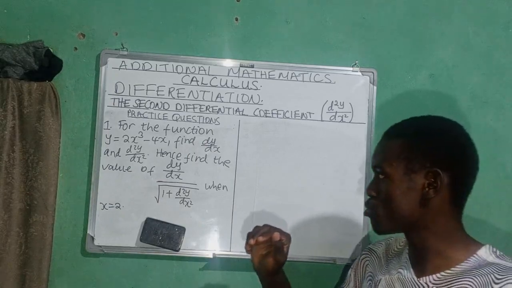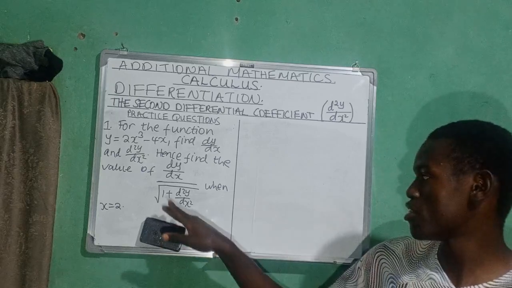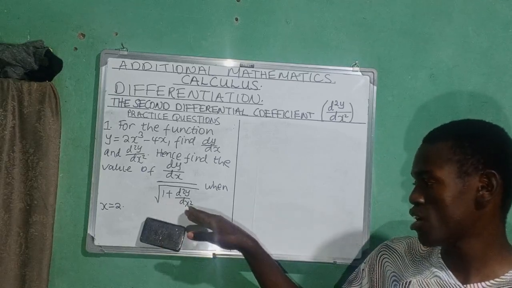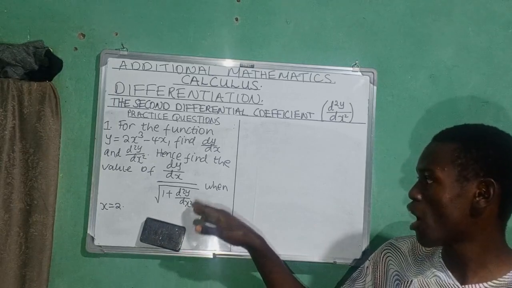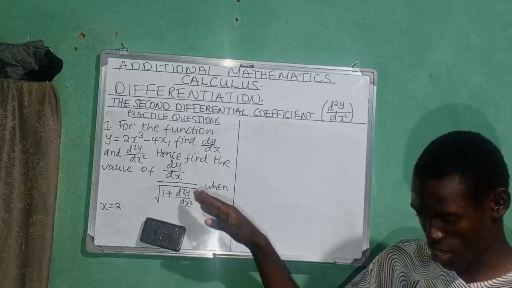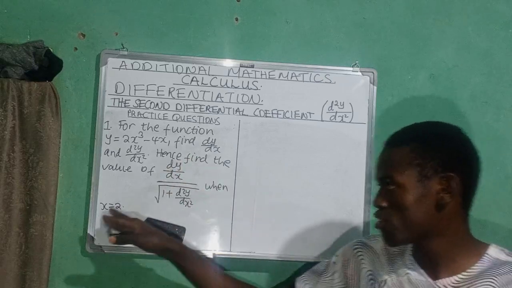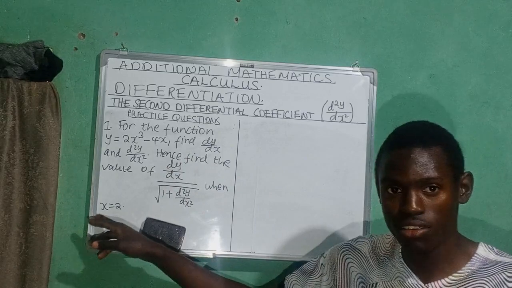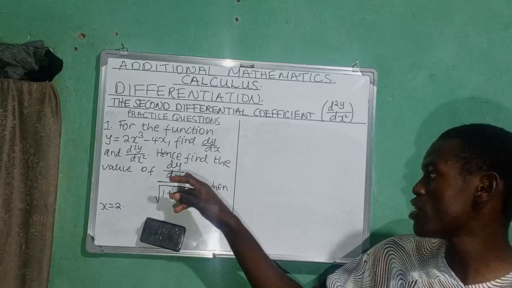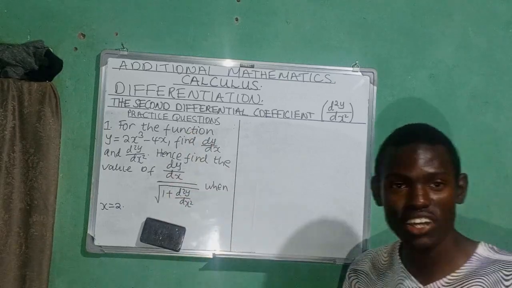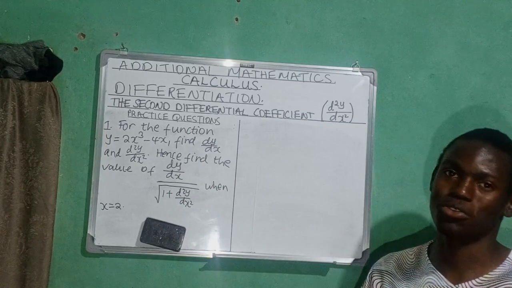After we find these two, we are going to substitute them in this expression here, and then simplify. We substitute these two into whatever we find for our dy/dx and our d2y/dx2, and then we solve accordingly.